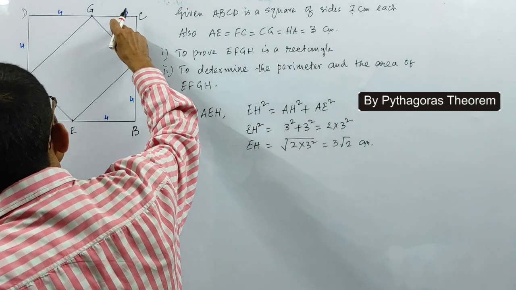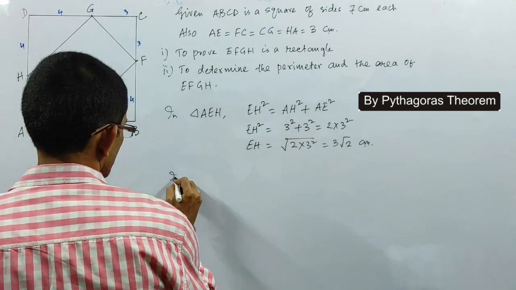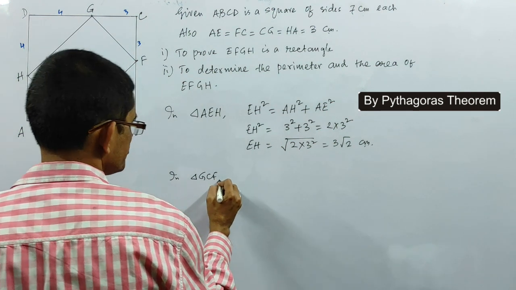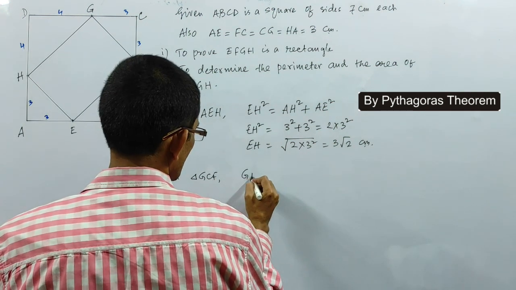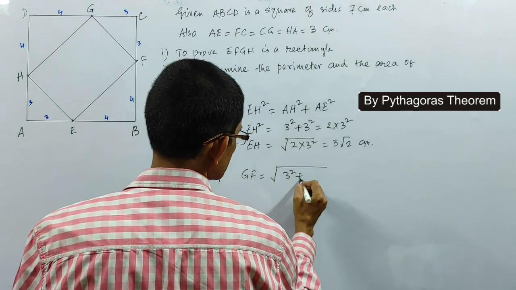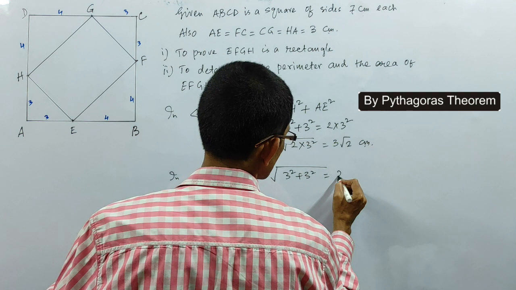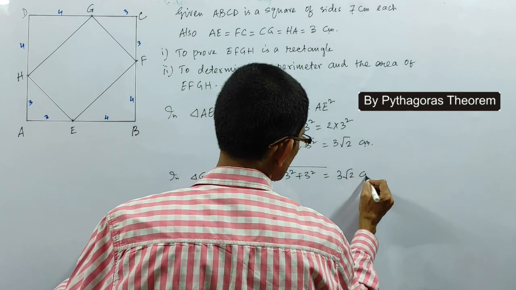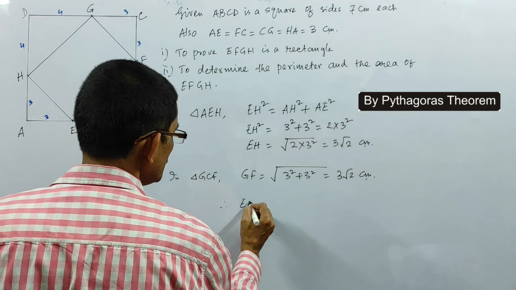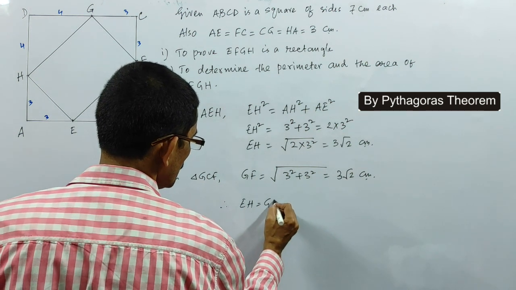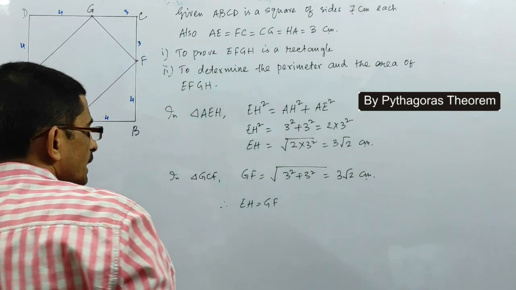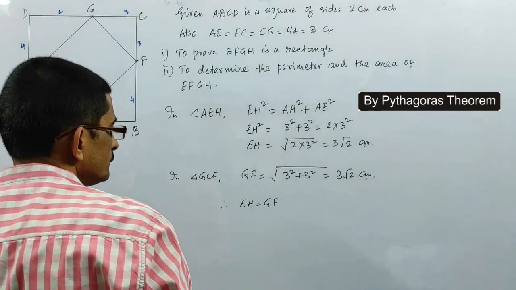The same happens here also. In triangle GCF, GF is equal to square root under 3 square plus 3 square, that is 3 root 2 centimeter. Therefore EH is equal to GF. So one pair of opposite sides is equal.